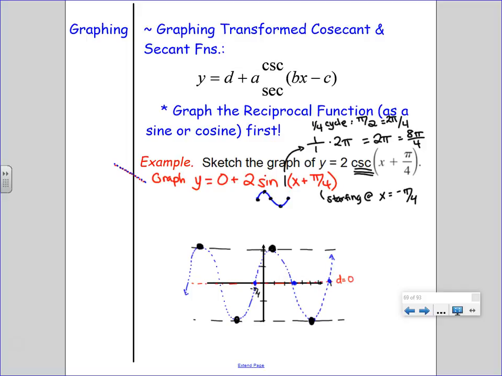We go to each of the intersections with the sinusoidal axis and we make vertical asymptotes. Because the intersections are the zeros of the original, which means they're the 1 over zeros for the reciprocal, cosecant or secant, whichever one we're doing, cosecant in this case. We join at the maxes or mins.